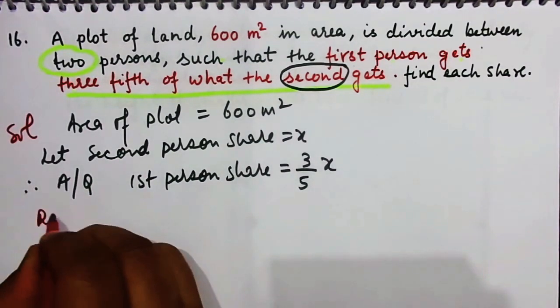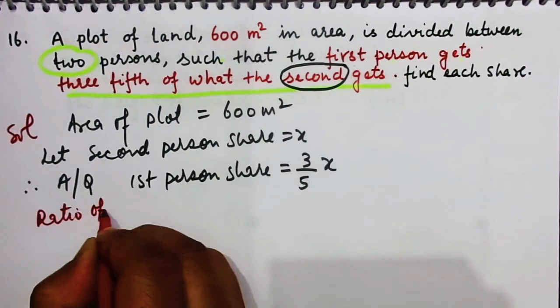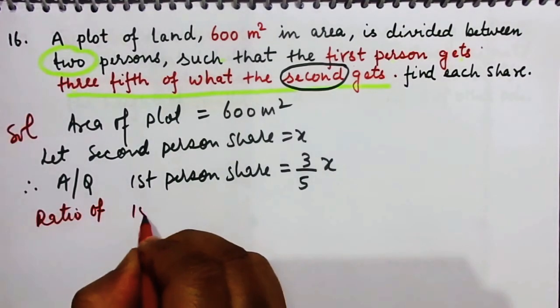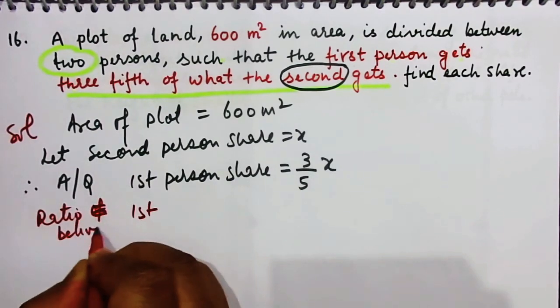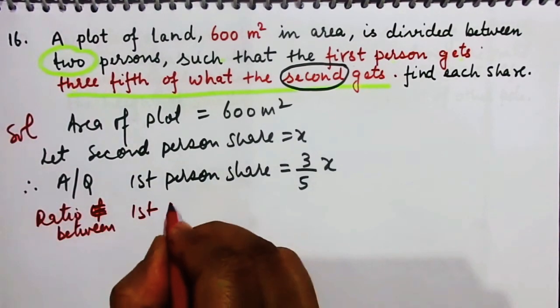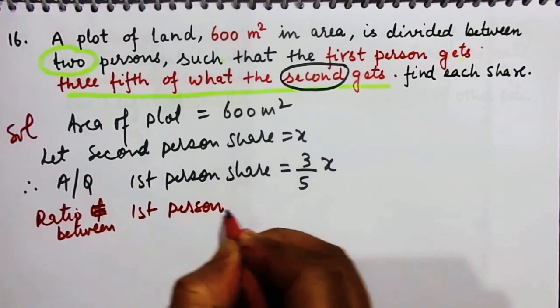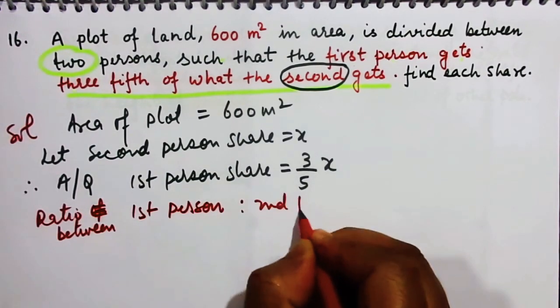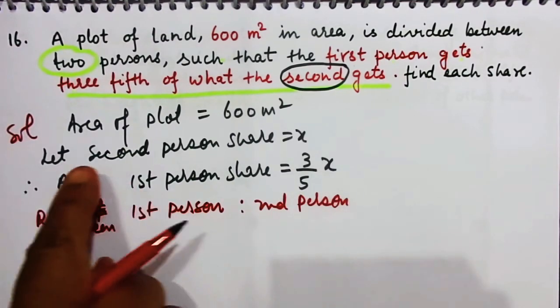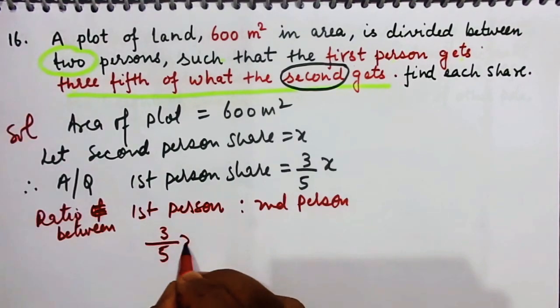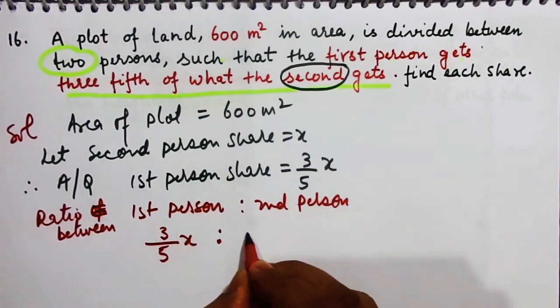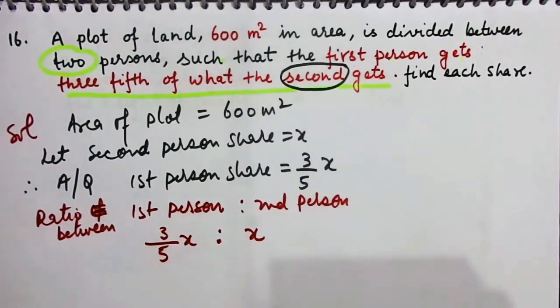Therefore, ratio between first person and second person: first person was 3 by 5x, and second person was x. You shouldn't be in a hurry. Let me convert this into a simple ratio.